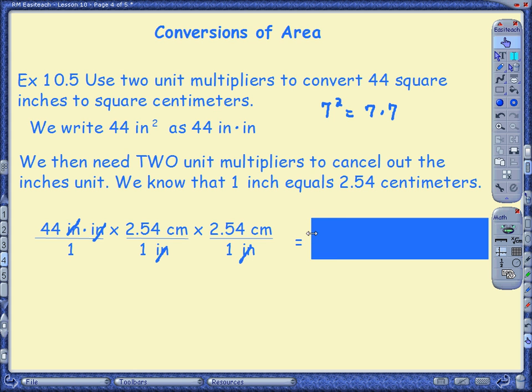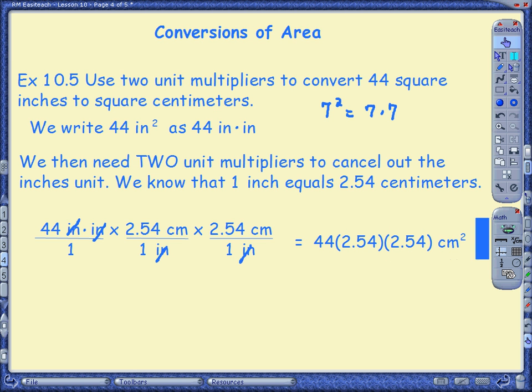And we're going to have 44 times 2.54 times 2.54 centimeters squared. You could even write this as 44 times 2.54 with the power, instead of writing 2.54 twice. Both things are exactly the same answer.